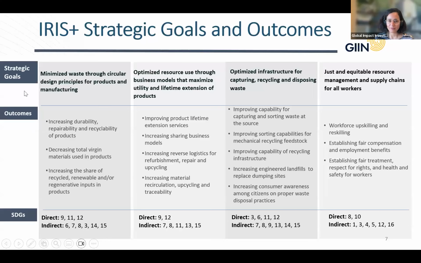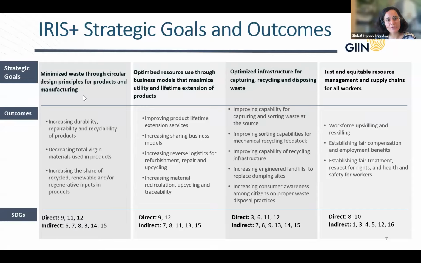While we have disaggregated the impact theme, waste management circularity, into 4 strategic goals, each strategic goal we further disaggregate into outcomes. With outcomes, what we mean here is what are the outcomes that investors and investees can hope to shift, to move, in order for this strategic goal to hopefully become a reality, for them to contribute towards this strategic goal.